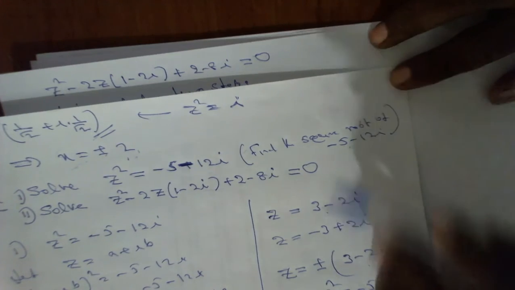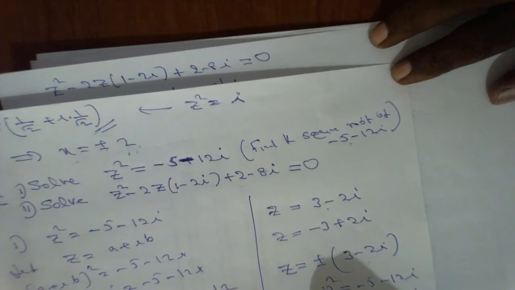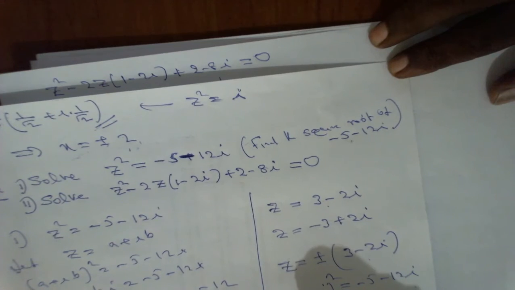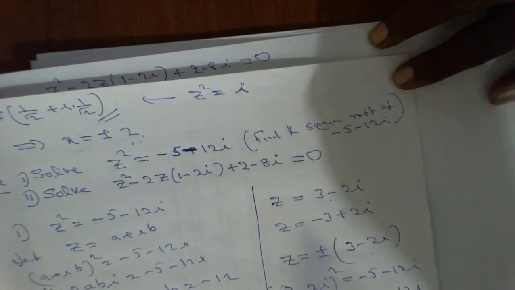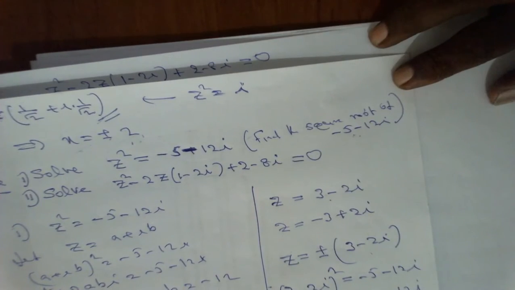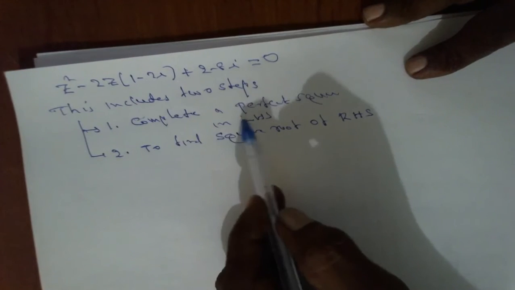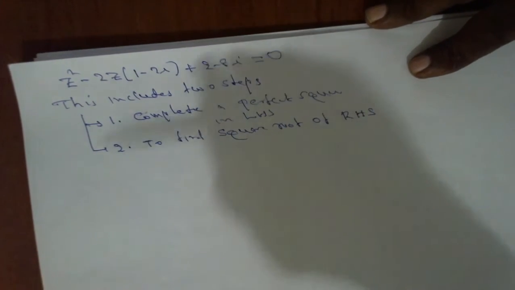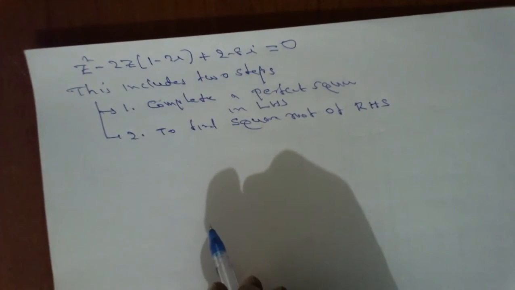It is the same as solving this equation. Parallel, sir. Right? To solve this equation, first you have to complete the perfect square. Second part is to find the square root of the right hand side.